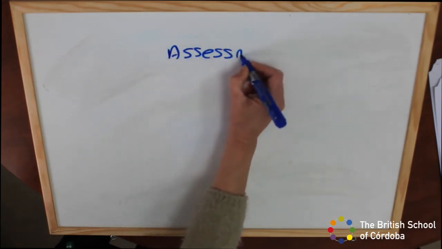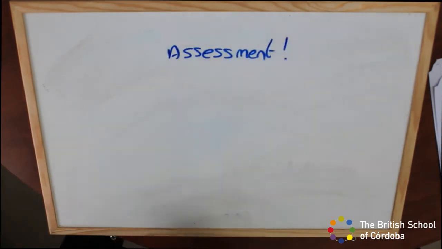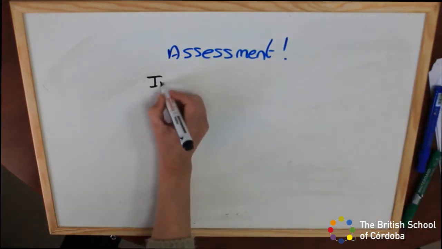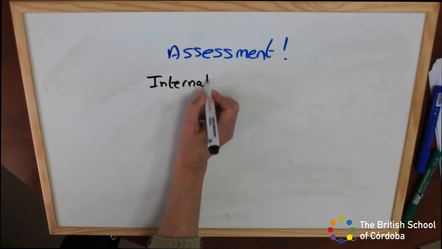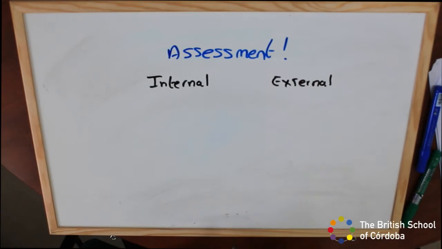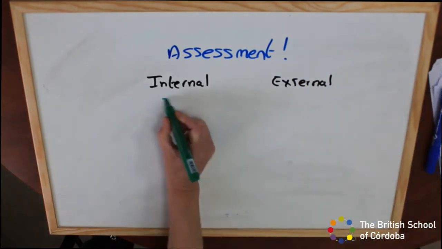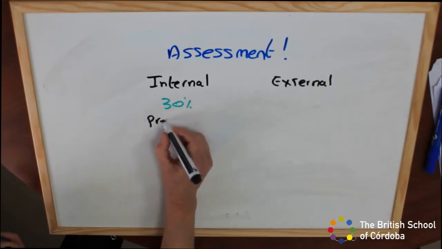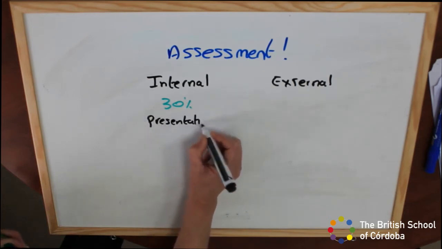Each subject is assessed with a range of assessment tasks. 30% of their final assessment is internally assessed, and this is made up from essays or exams or presentations. Some of those will be sent off and moderated by the IB exam board.